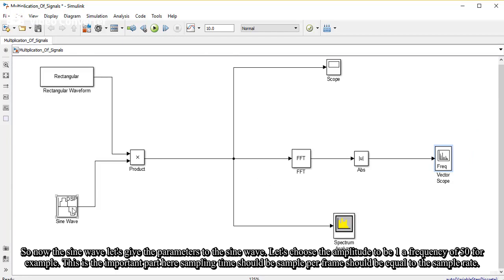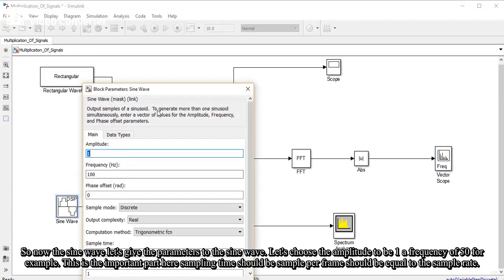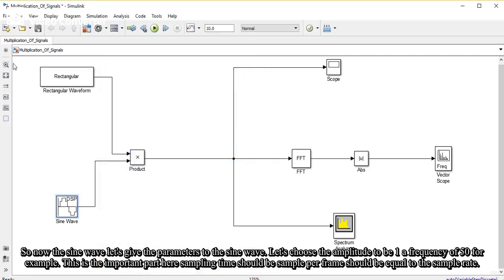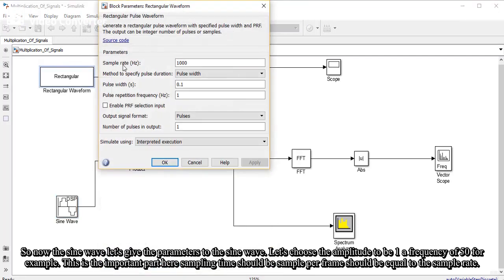So now the sine wave, let's give the parameters of the sine wave. Let's choose the amplitude to be 1, a frequency of 50 for example. This is the important part here. The sample per frame should be equal to the sample rate.